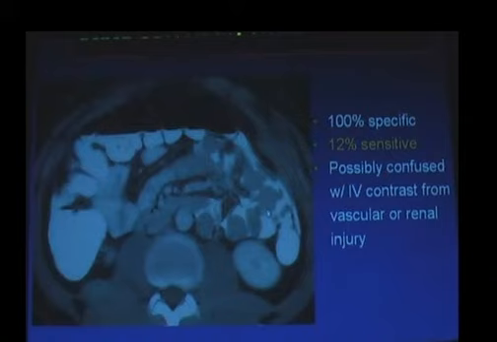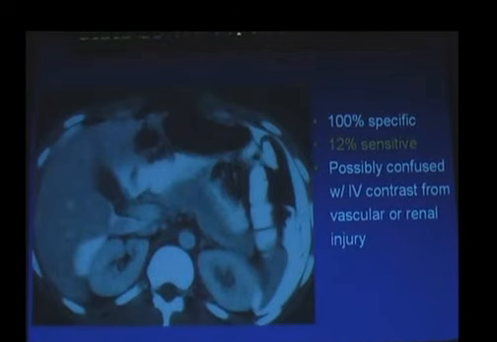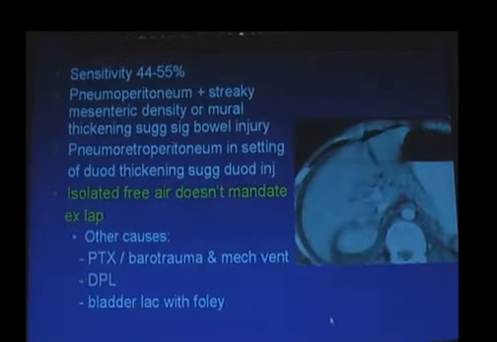And this is a patient who had oral contrast and rectal contrast, and we can see this large amount of extravasated contrast material surrounding the bowel. This patient actually had an injury to the descending colon, and the extravasation was coming from that segment of bowel. And again, you see the large amount of extravasated oral contrast material.